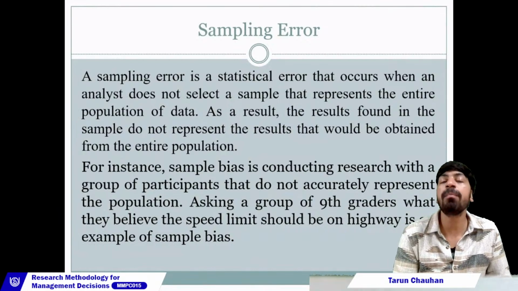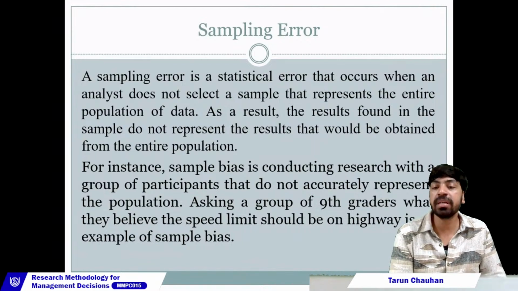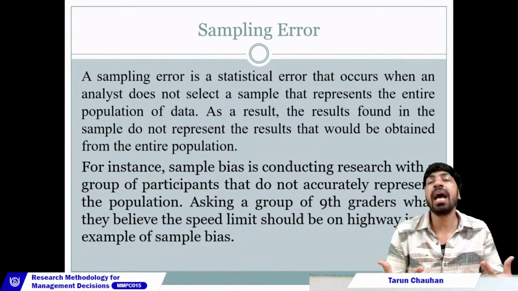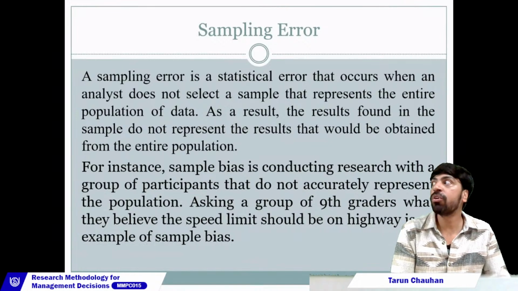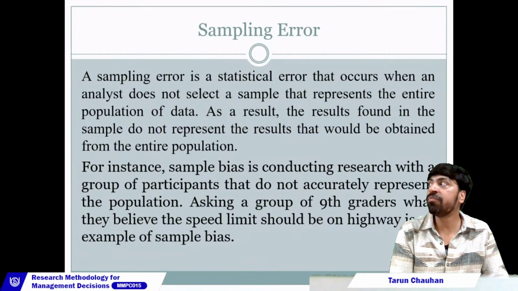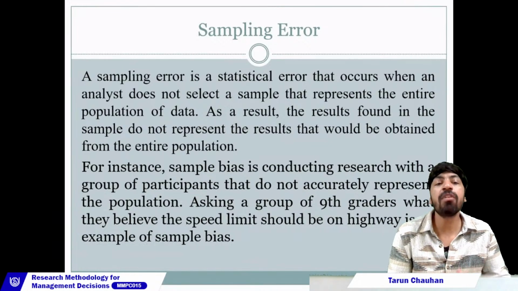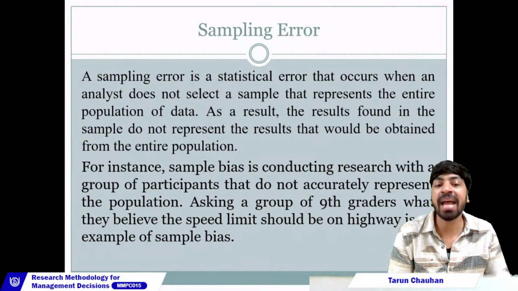For example, a particular analyst or researcher has to collect the data from a group of participants, but unfortunately he couldn't represent the data from the population. That's called the sampling error by mistake.